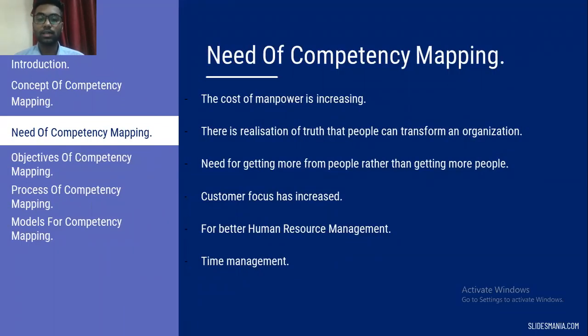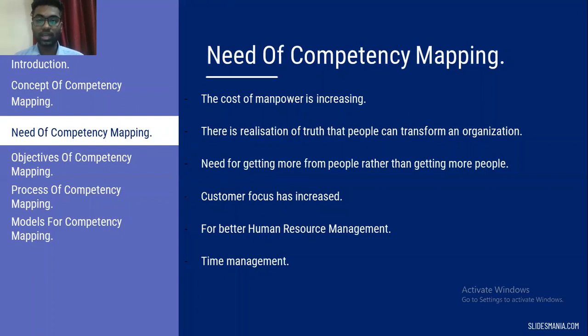Then there is a realization of the truth that employees or people can transform an organization into a big organization. This process gives the realization whether our employees are very effective in their job or not, what kind of skills they have and what we require. So there is a need of getting more from people rather than getting more people.